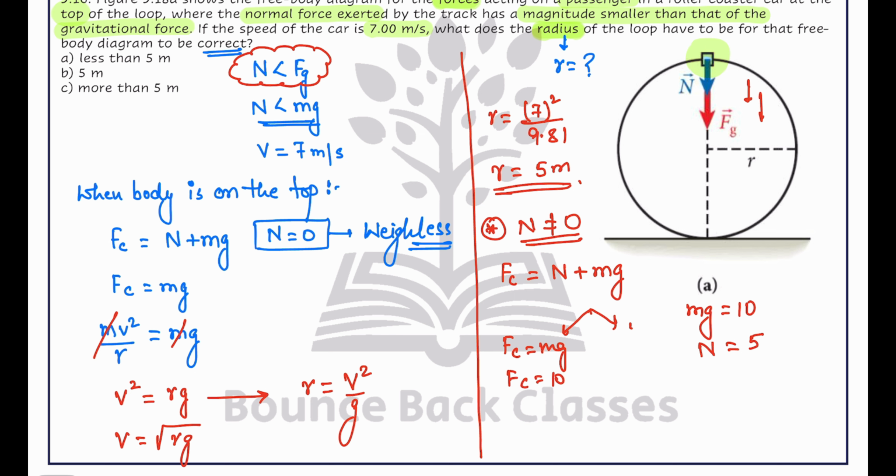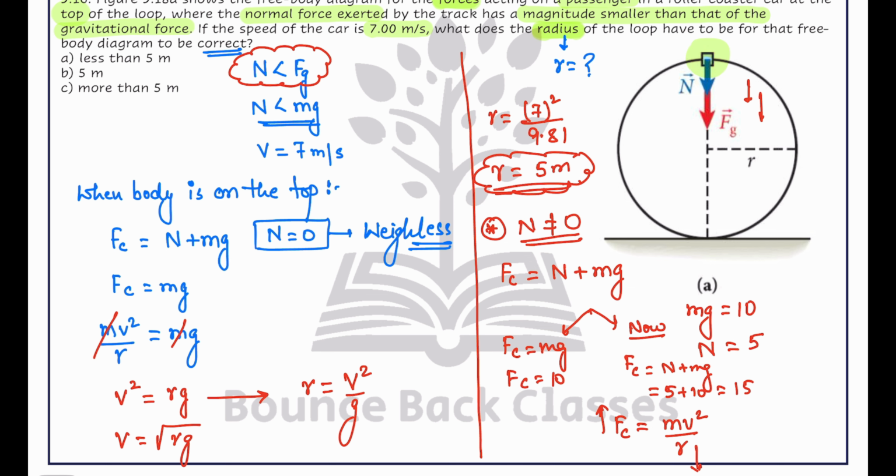But now Fc is N plus mg, 5 plus 10, which is 15. It means Fc increases, and the value is mv square over r. So if Fc increases, the radius should decrease. We already found the value of the radius, 5.